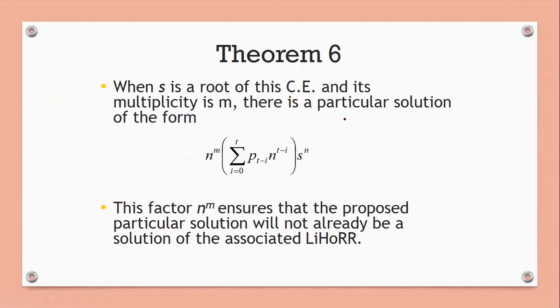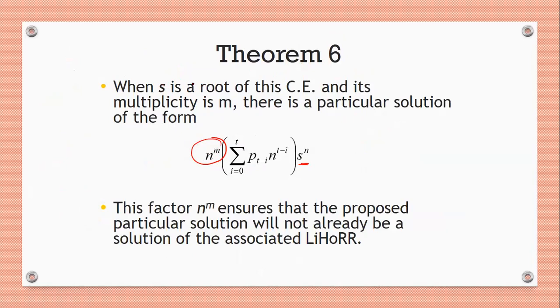Then there is a particular solution of the form n^m, so this term is added as extra, n^m times the sum over i equals 0 to t of p_{t-i} n^{t-i} into s^n. This n^m is the multiplicity when s is a root.